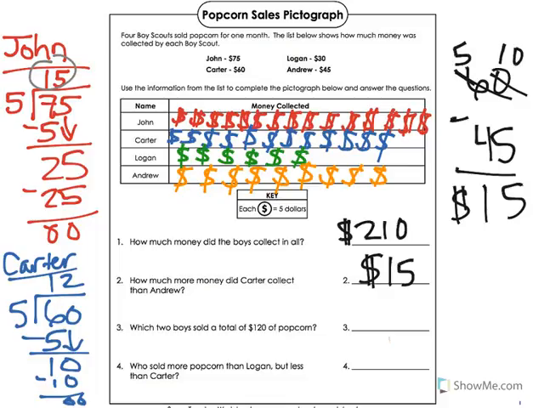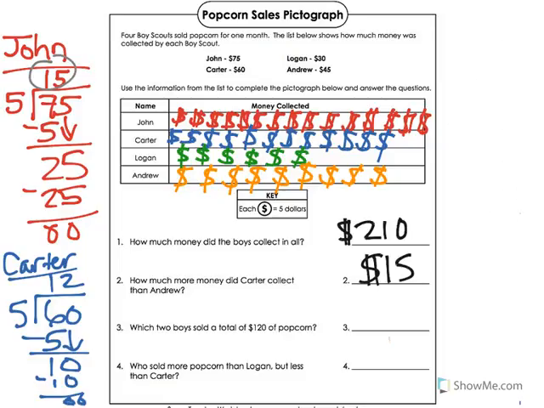Alright, and then which of the two boys sold a total of $120 worth of popcorn? Alright, so this, oops, didn't mean to do that. Sorry, so now we need to add together some of the boys' amounts to see if we can get that $120 number.